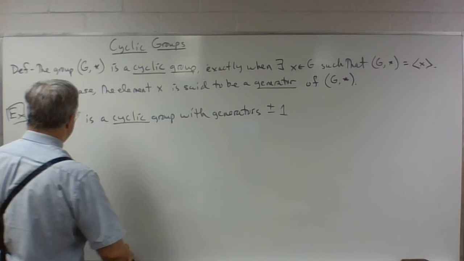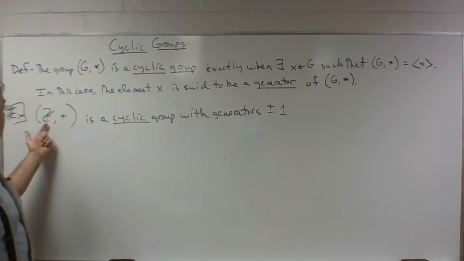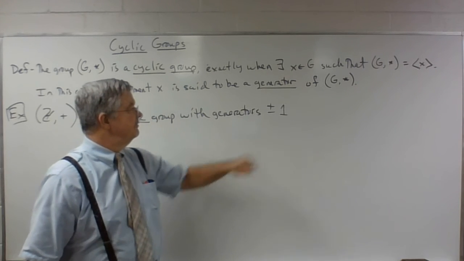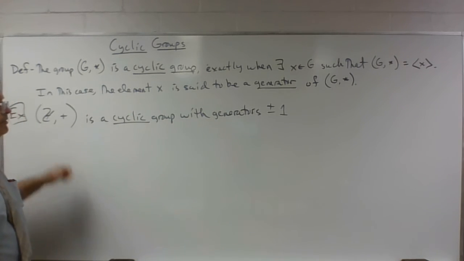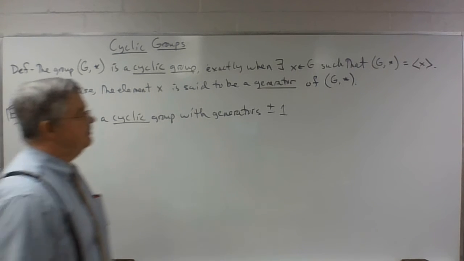The set of all integer multiples of 1 is the set of integers. The set of all integer multiples of negative 1 is the set of integers. So plus or minus 1 are the generators.